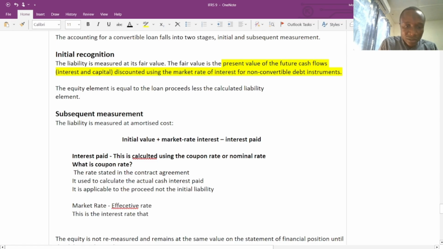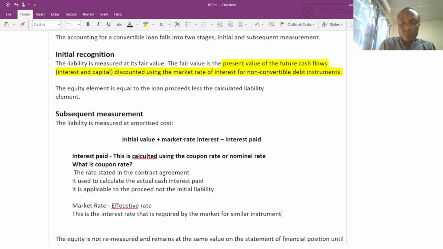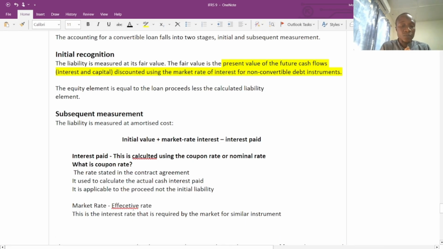Interest rate that is required. This is the interest rate that is required by the market for similar instrument. Very important. Also, this rate includes the impact of credit risks.